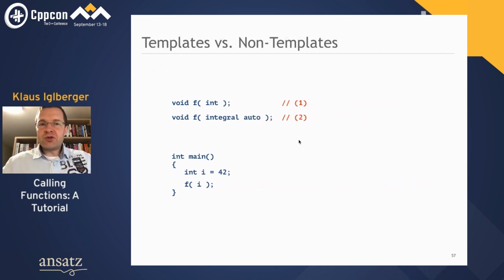There is one very interesting special rule that is also to some extent confusing sometimes. Let's keep the example as it was before. I call a function f with an integer, but now the two functions are a non-template, function 1, and a template, where I use one of these new fancy C++20 concepts. Both functions are viable candidates.